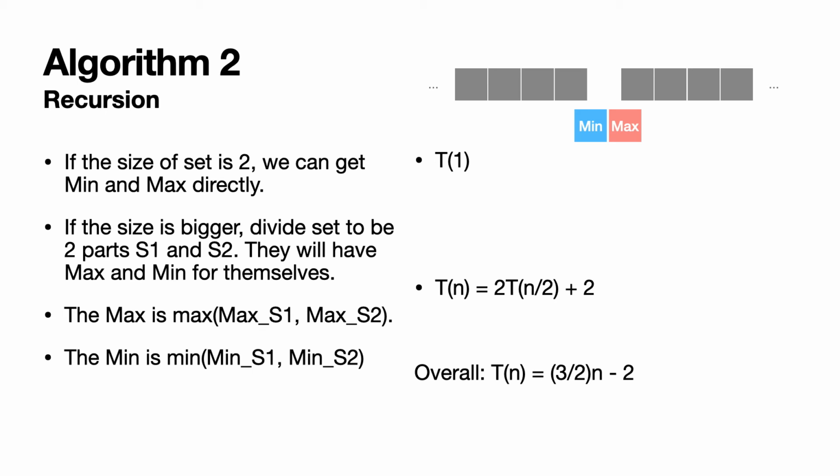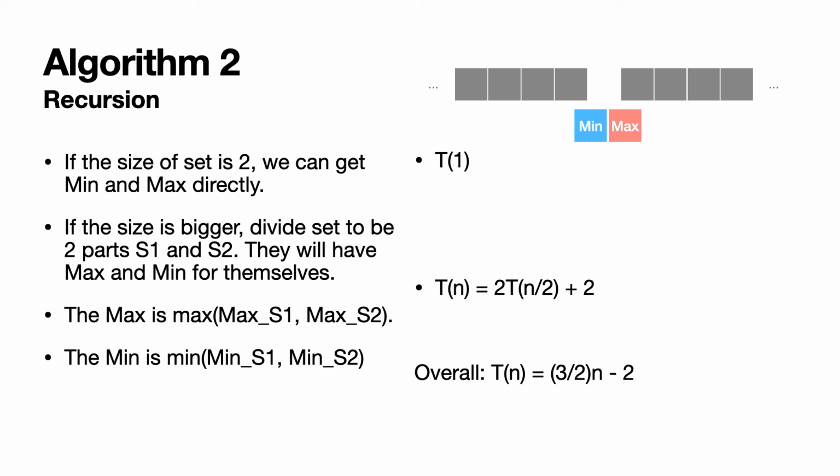For each part, we get T(n/2), two of these, and add the overall comparison that gets the minimum and maximum. We will get the equation T(n) equals 2T(n/2) plus 2.